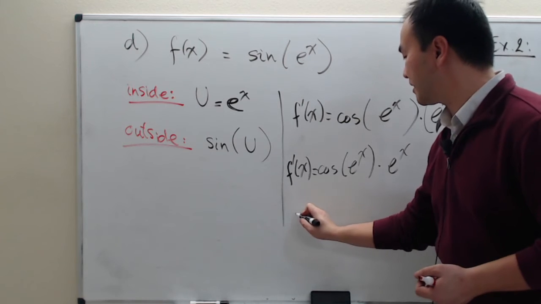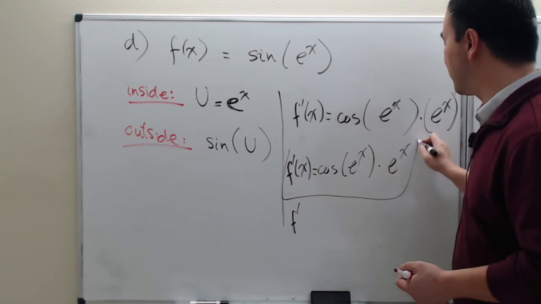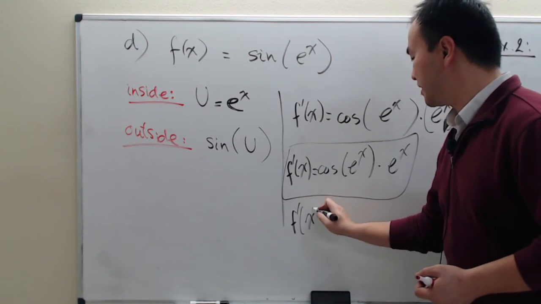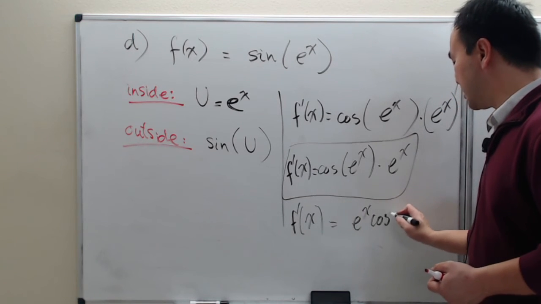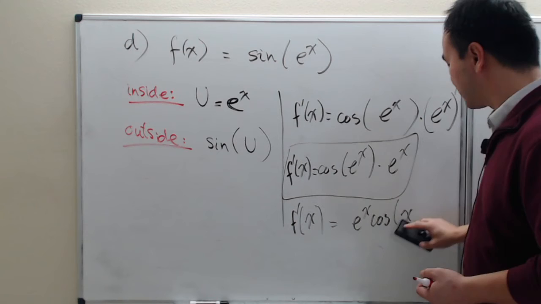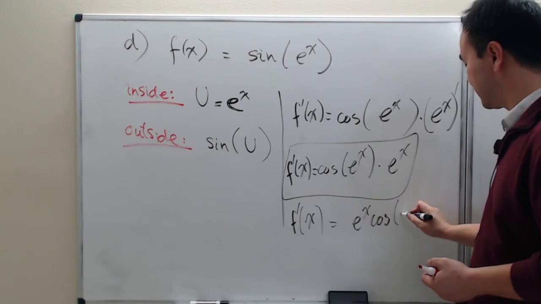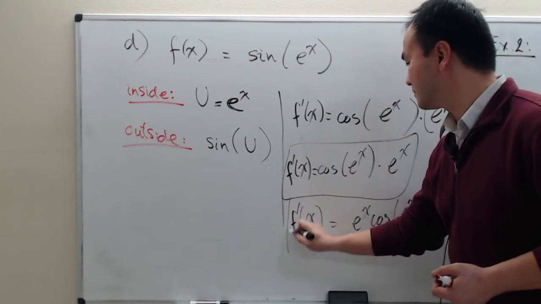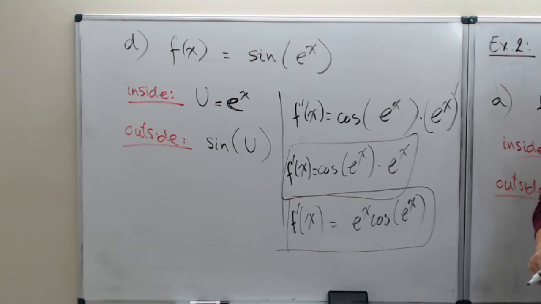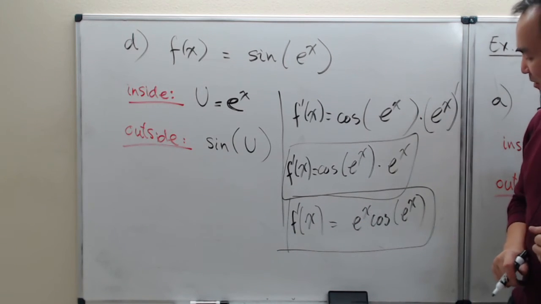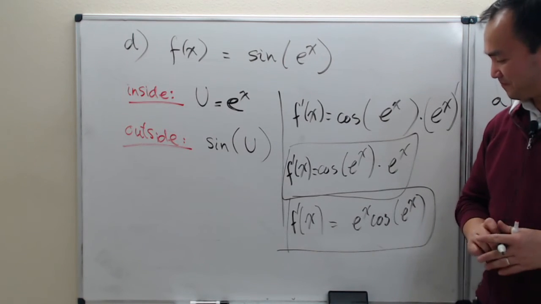Or we can write it as f prime of x, that's one way of writing it. Usually I would bring the e to the x in front. So e to the x times cosine of e to the x. All right, and that's how we're done with the problem in part D of our example.